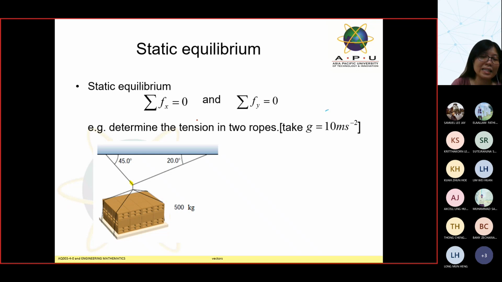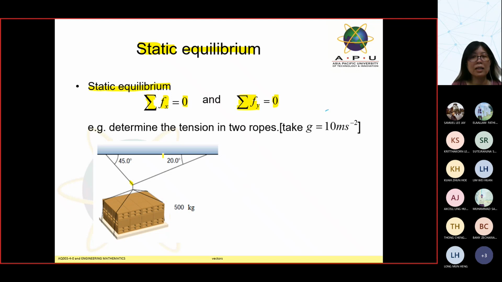In static equilibrium, the total of the horizontal components will be 0, and the total of the vertical components will be 0 as well, because everything is stationary and at rest. That's the idea.